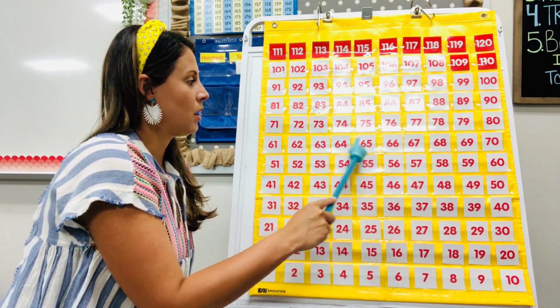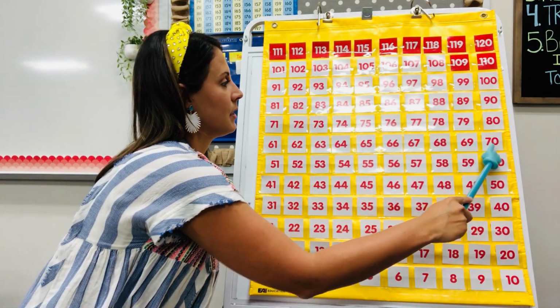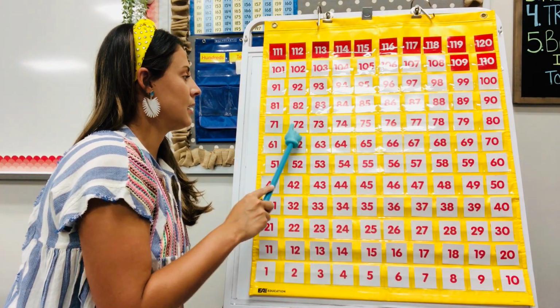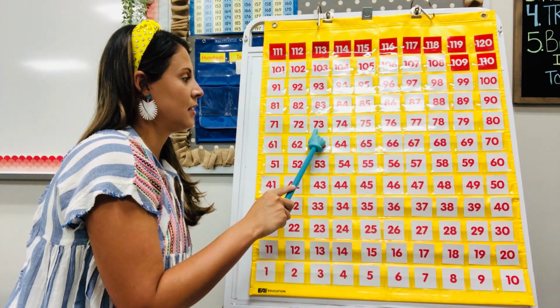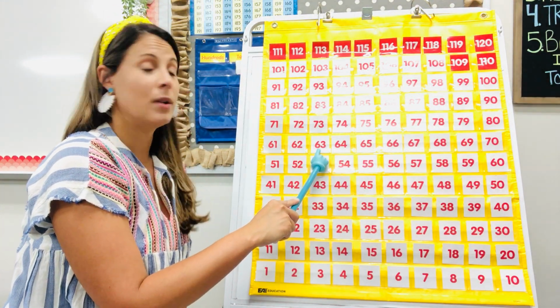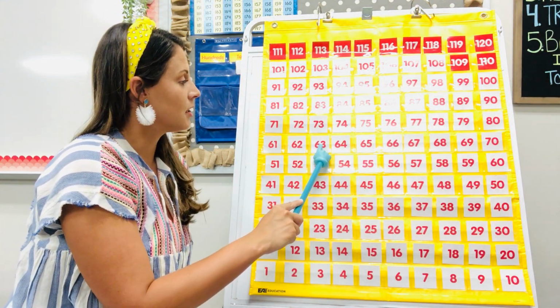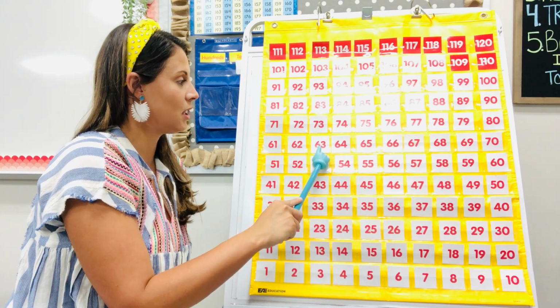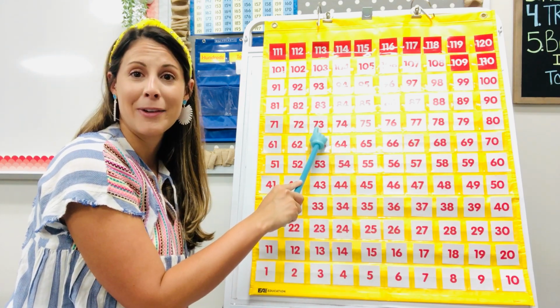Because we go 1, 2, 3, 4, 5, 6, 7, 8, 9, 10. So really, if I had 63 and I wanted to figure out what 10 more is, I just need to go up. 10 more than 63 is 73.